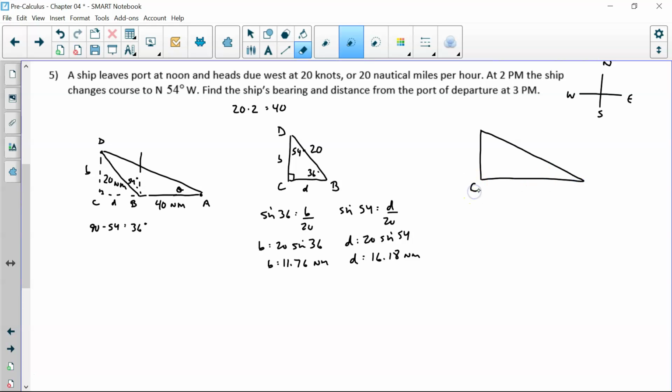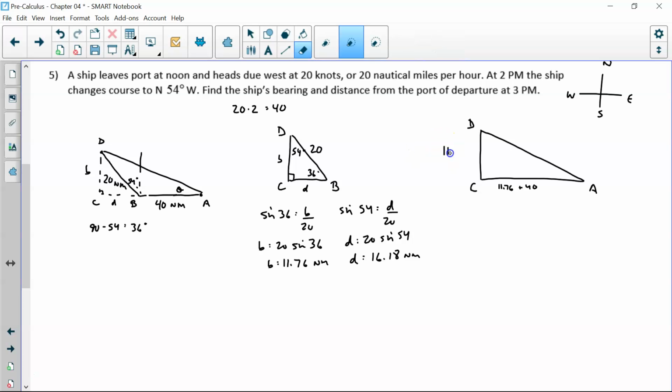So now I'm going to draw the biggest triangle again. Here's C, here's A, and here's D. We know this vertical distance is 16.18. Excuse me, I flipped them.